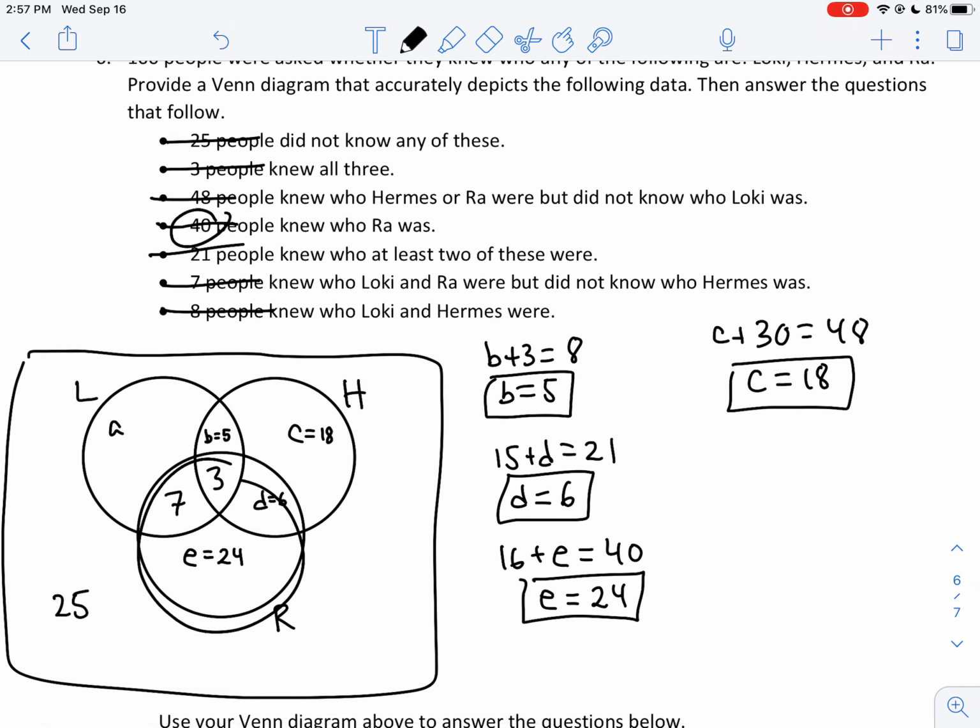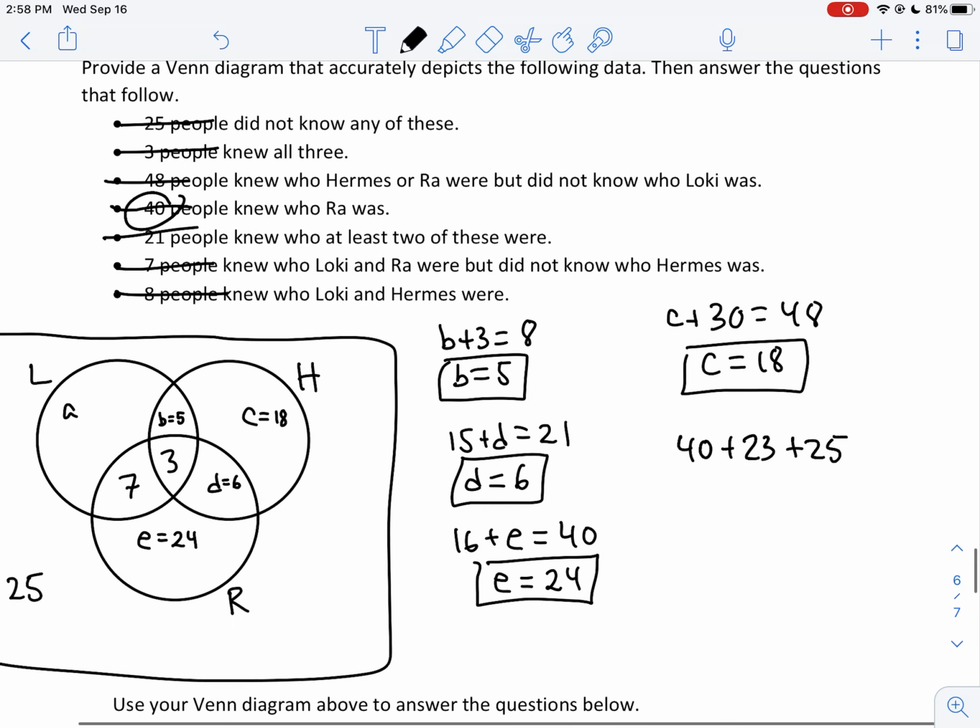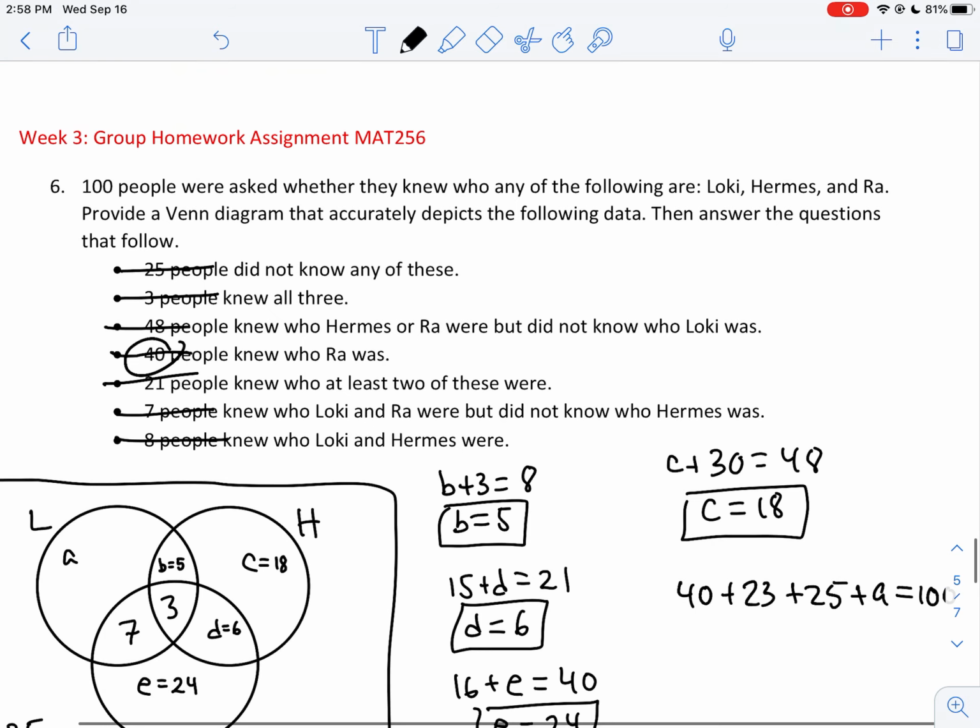So there are 40 in the Ra circle. So let's just get that out of the way. There's 40 plus. Then we had another 23 right here. Then we had this 25 out here, plus A, and that has to be equal to the 100 total people in the survey.